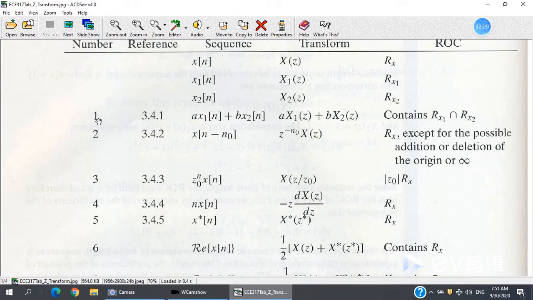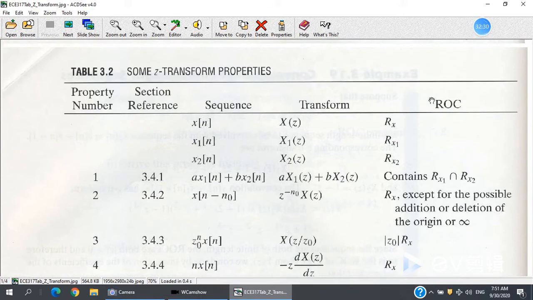Here the first one is the linearity property. When you combine x1 and x2 linearly, a times x1 plus b times x2, then perform the Z transform, it is also a times X1 plus b times X2. Same way. The only difference is now it's a function of z, and the previous one is a signal in time n.